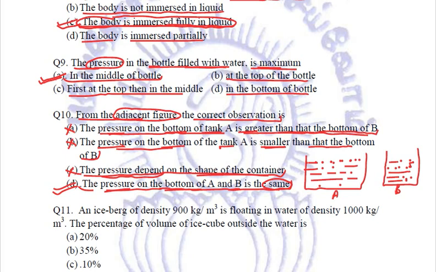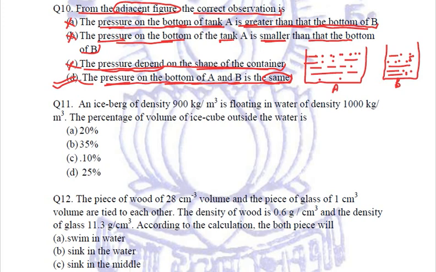Let us see the next question. An iceberg of density 900 kilogram per meter cube is floating in water of density 1000 kilogram per meter cube.